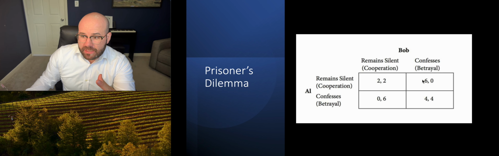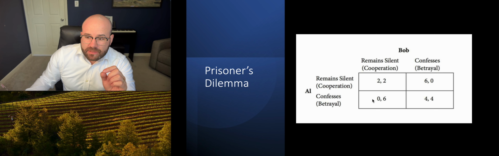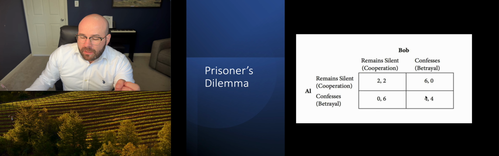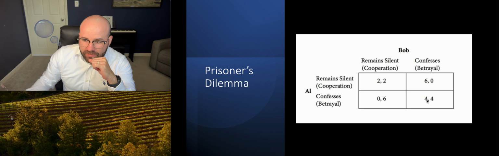Obviously the bargain is that the prosecution will tell him, if you confess, then we'll let you off, because we don't have evidence that you committed a serious crime. In the same way, if Al confesses, then he gets 0 years. He gets to walk free. And Bob spends 6 years in jail. The last option is that both Bob and Al confess on each other's crimes. In that option, they both end up in jail for 4 years.